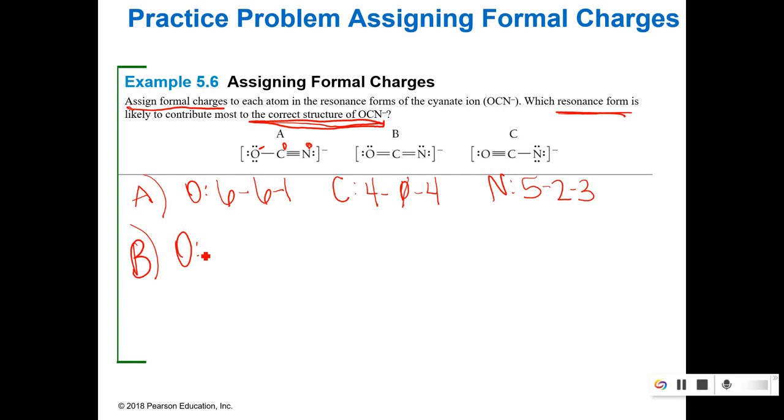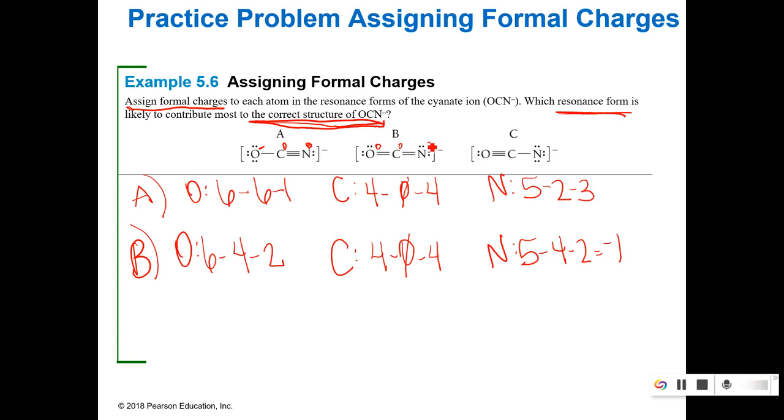For B, oxygen, 6 minus 4 minus 2. So oxygen is 0. Carbon is 4 minus 0 minus 4. And if you notice, carbon normally does not have dots. That's because it wants to have those 4 bonds. Nitrogen in B is 5 minus 4 minus 2, so that one's negative 1.